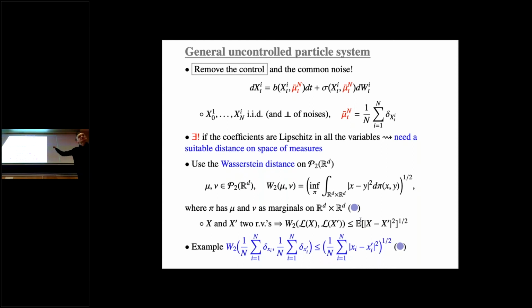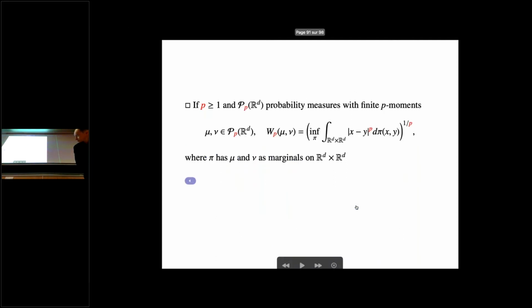I have to say that all these slides are online on my webpage. Maybe I will give you this at the end of this talk. And here you can find some very small generalization or extension. This is to say that you can generalize the W distance to the case when p is different from 2.